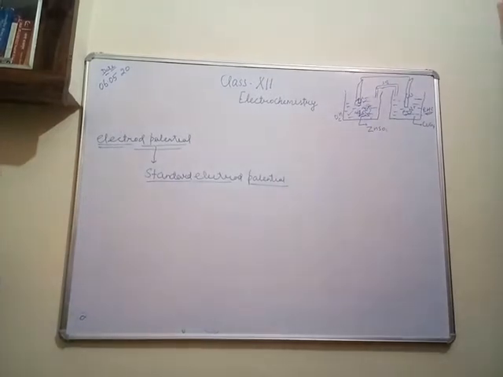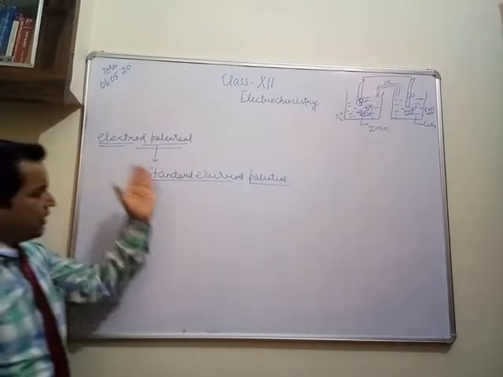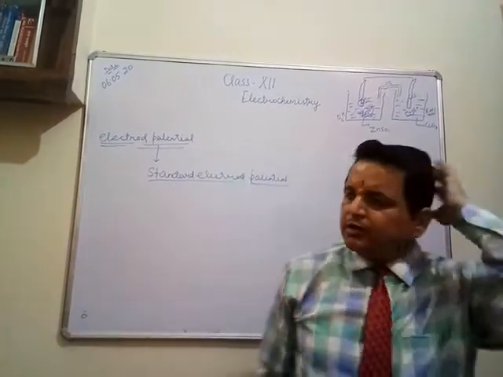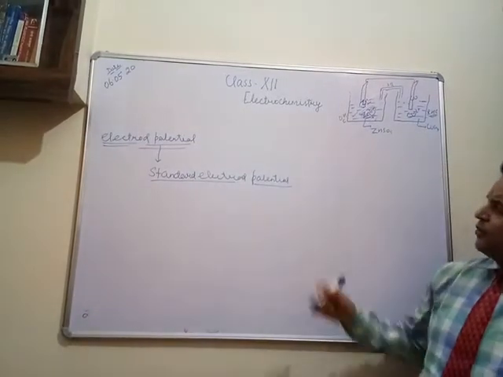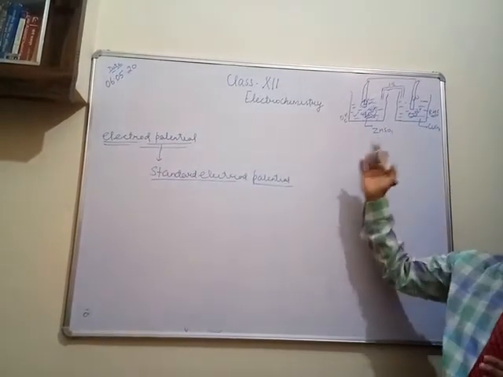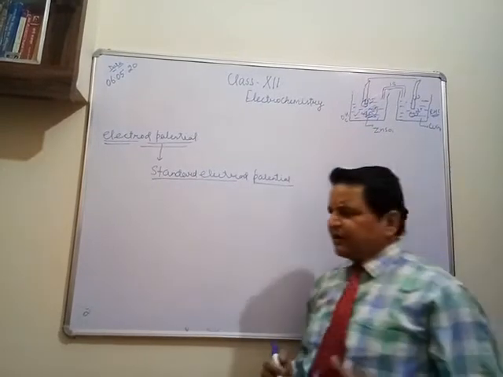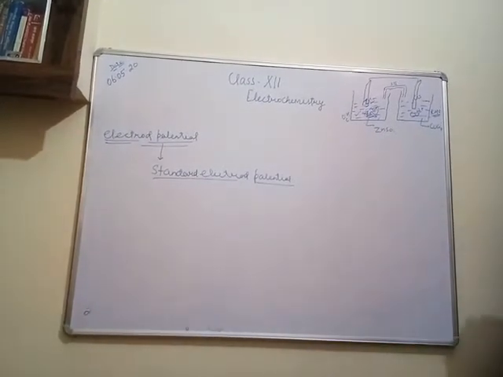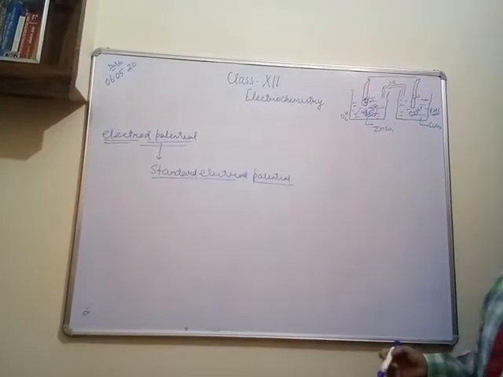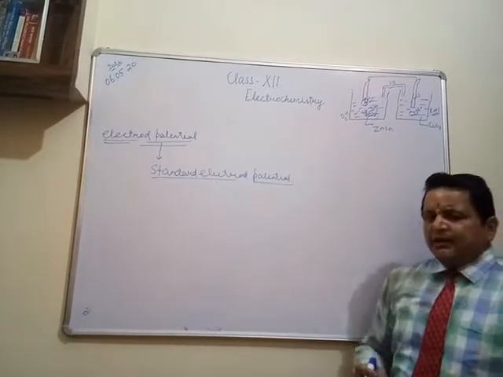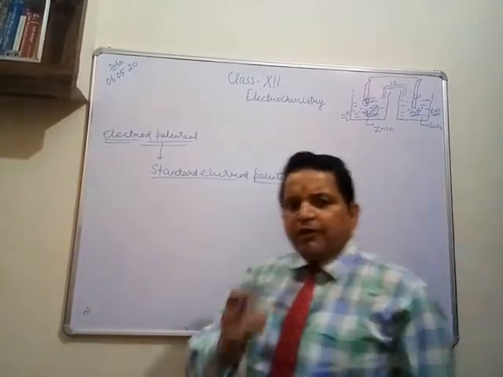Reduction and electrode potential I have discussed. Electrode potential means the tendency of any particular electrode, means that particular metal, to donate or gain the electron if this tendency takes place in standard conditions.